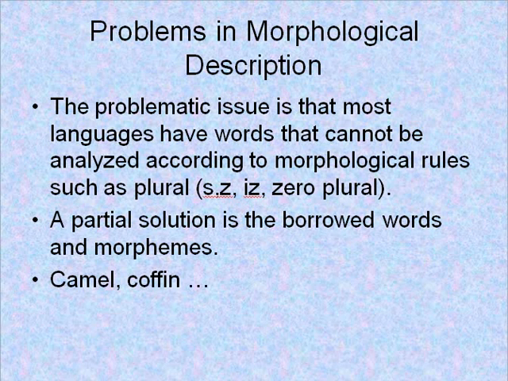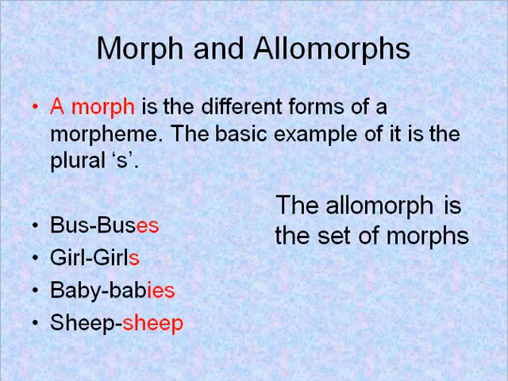There are other problems which are not mentioned in your book, so we should not mention them here. The final point in this lecture is morph and allomorphs.